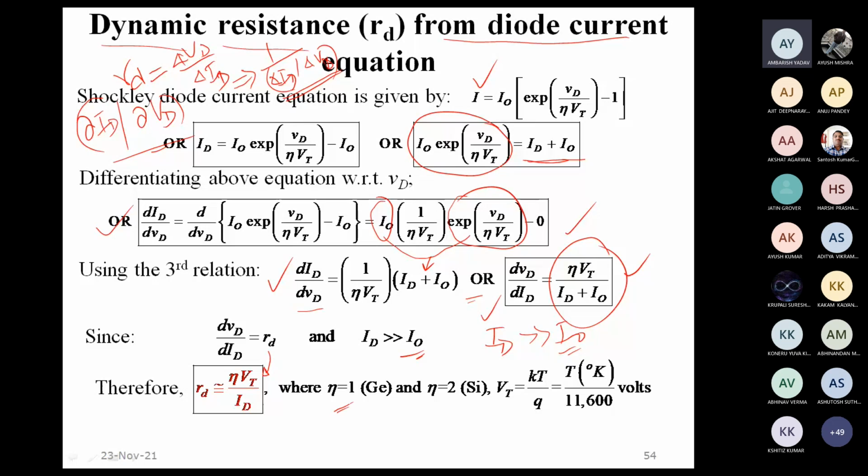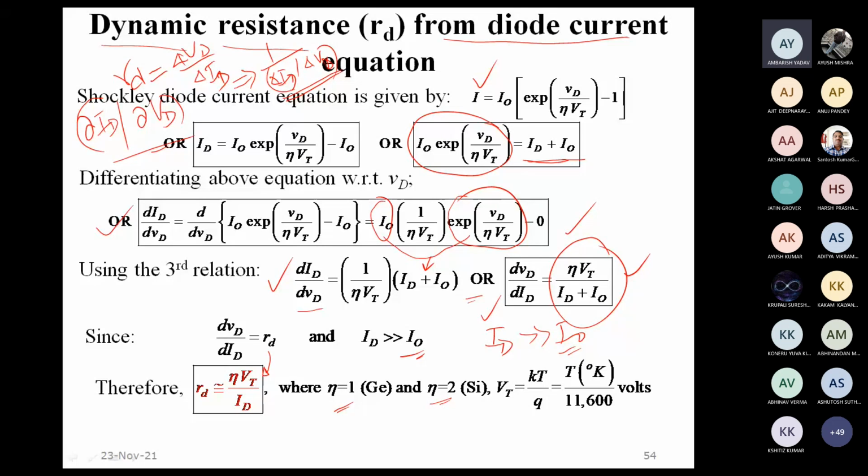The values of eta, as we have already seen, are 1 for germanium and 2 for silicon. This is showing how fast the current is changing with the applied voltage in germanium or silicon. So a larger value of eta gives a slower variation, and a smaller value of eta gives a larger variation.